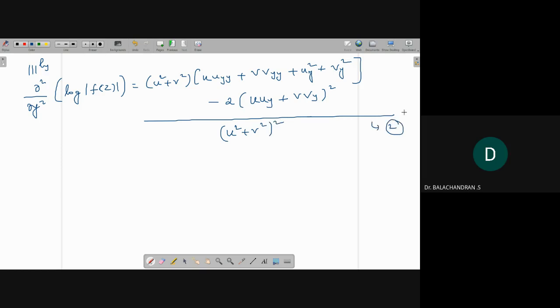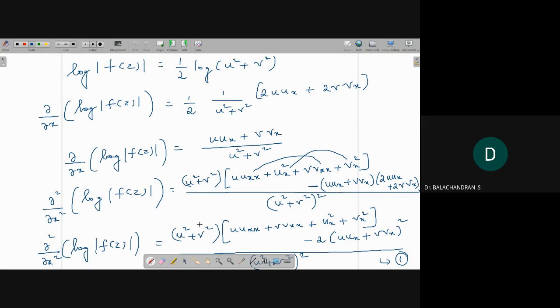Now I am going to add equation 1 and 2. 1 plus 2 implies left hand side is dou square by dou x square plus dou square by dou y square of log mod f of z, which is equal to, okay, so first u square plus v square into this term, 4 terms here we have.